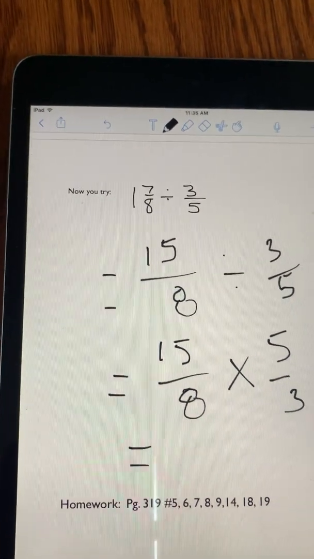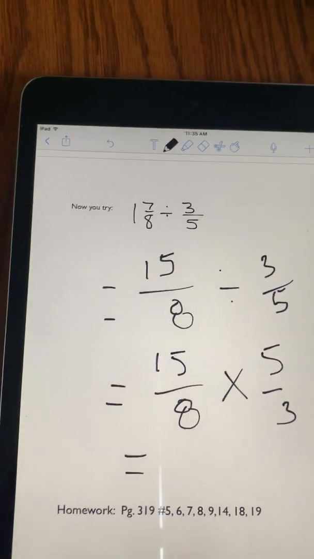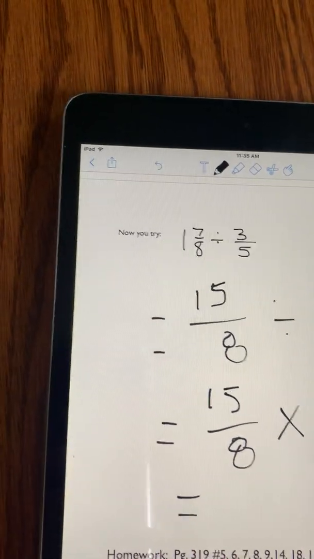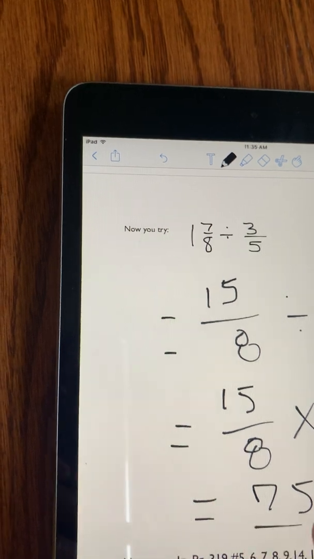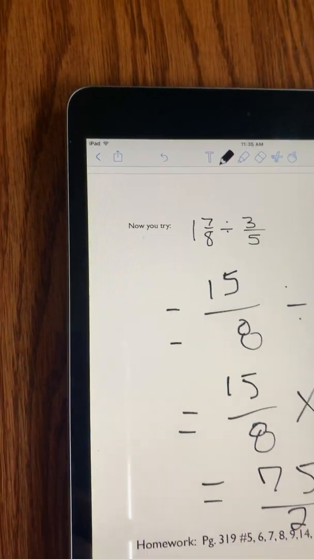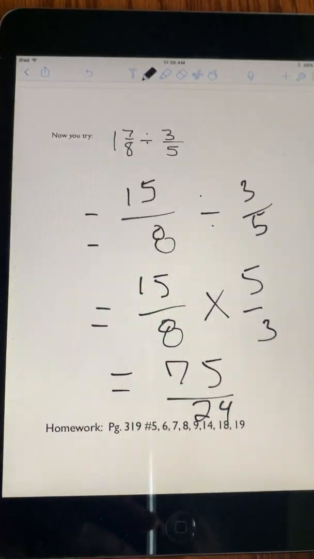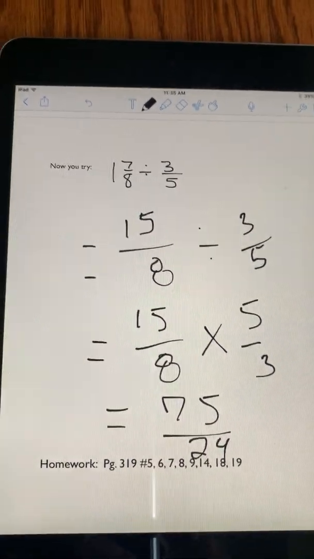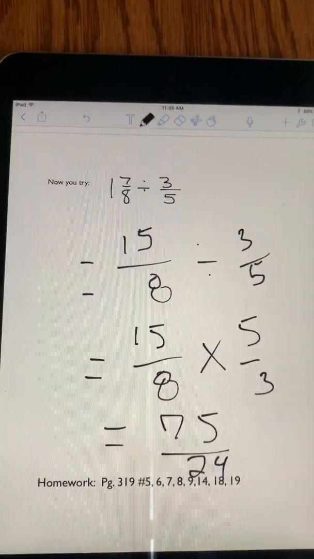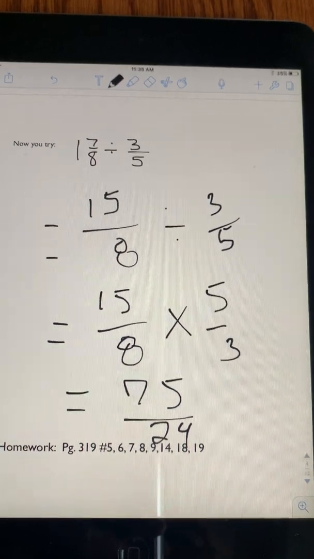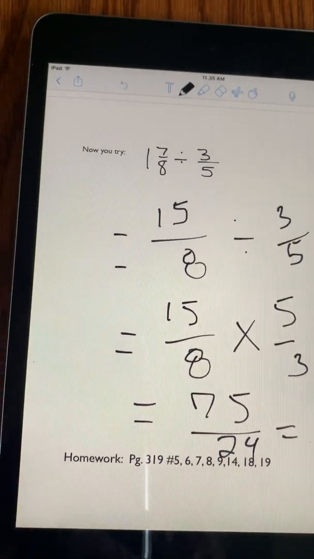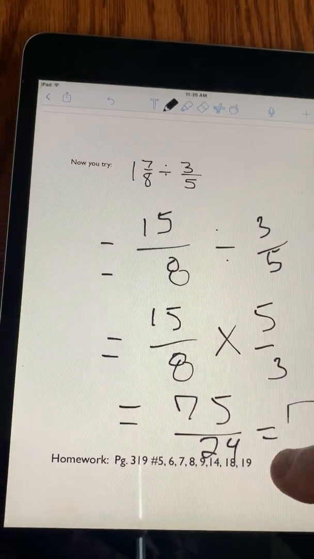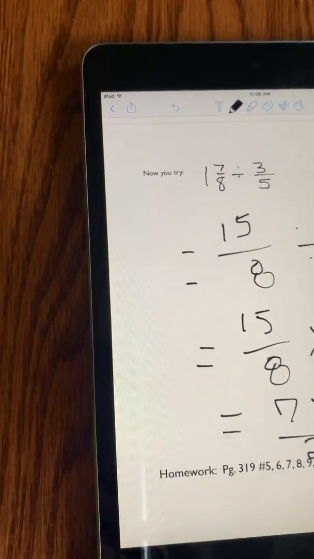Then we'd multiply it out, and our 15 times 5 is going to be 75, over 24. And then we'd go, how many times does 24 go into 75? Well, 24, and then 48 would be our next piece. So that gets us to 3, right? And then you'd continue to do your work until you get your mixed number, and you'd have your answer. Okay?